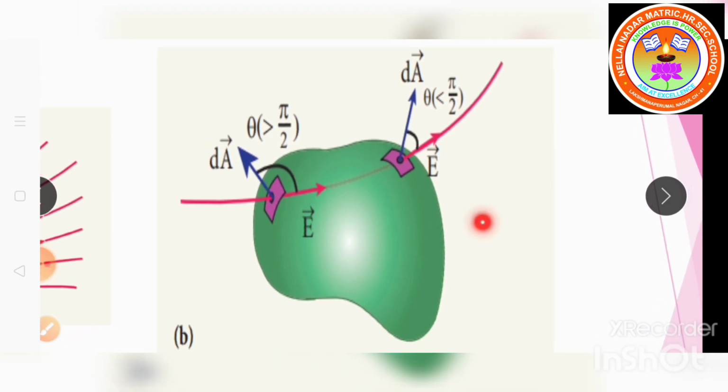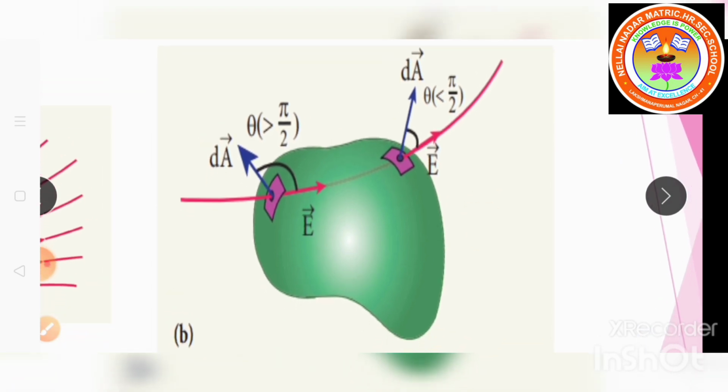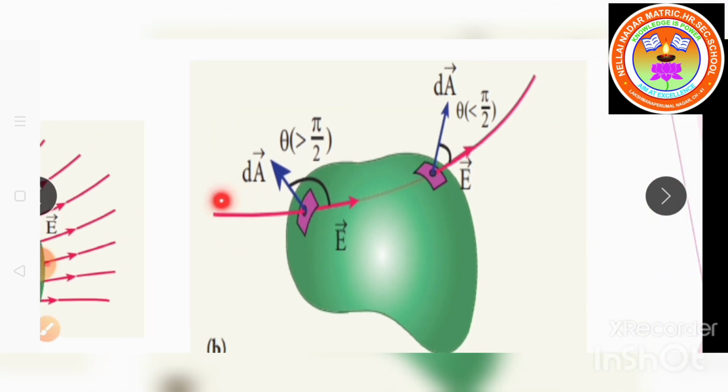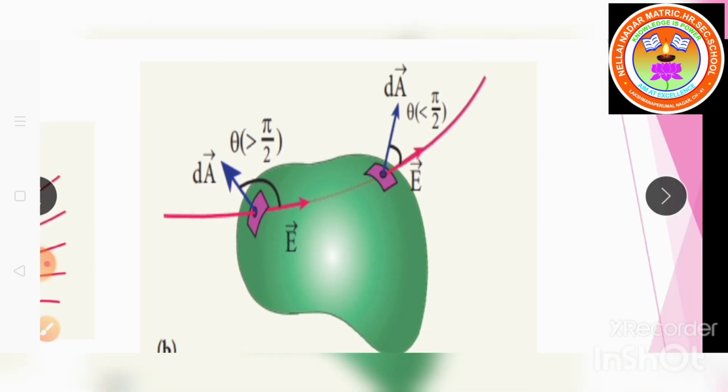If you see this diagram, listen, children, here the electric lines are passing from one point to another point. The electric lines are moving from this point to here. At this point I have taken one small surface. If I draw the normal, it will be acting in an outward direction.